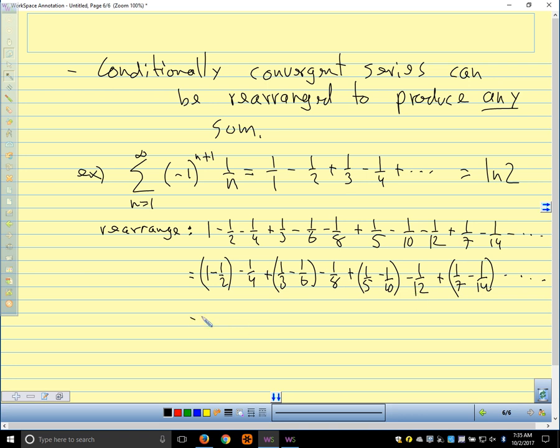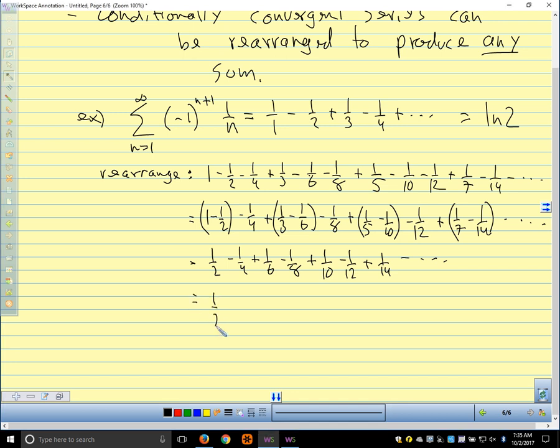Well, 1 minus 1/2 is 1/2, minus 1/4. 1/3 minus 1/6 is 1/6, minus 1/8. 1/5 minus 1/10 is 1/10, minus 1/12. This is 1/14. And this is 1/2 of 1 minus 1/2 plus 1/3 minus 1/4, which is half of what we started with.